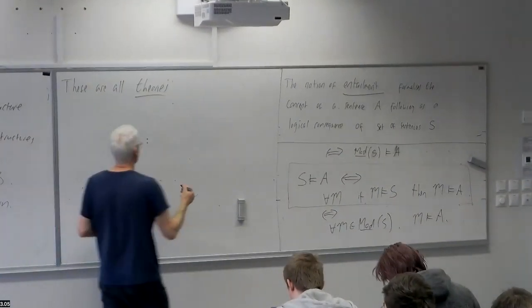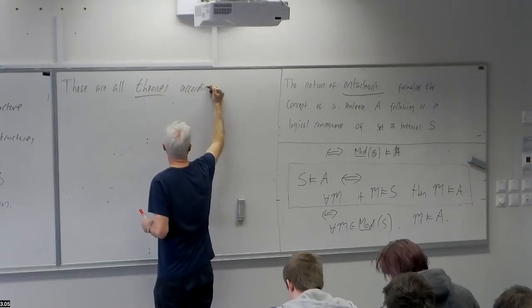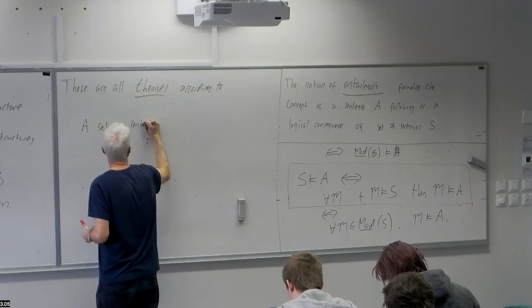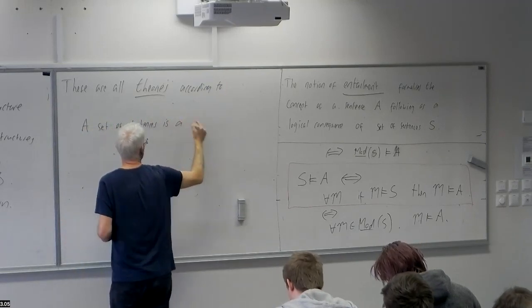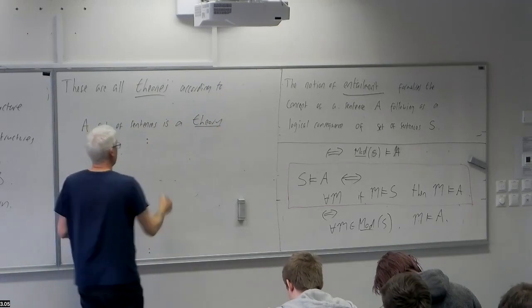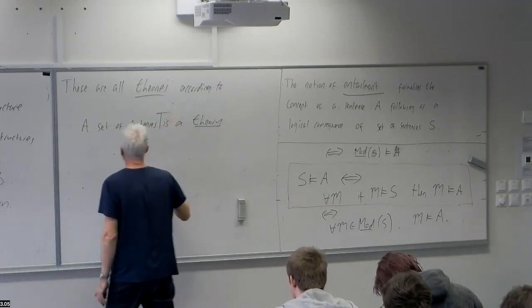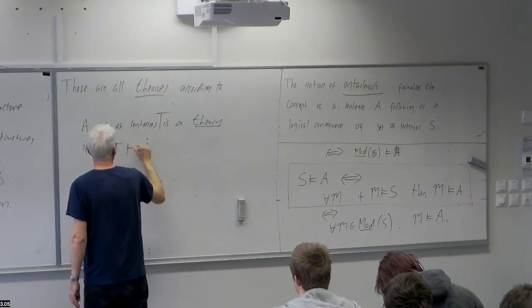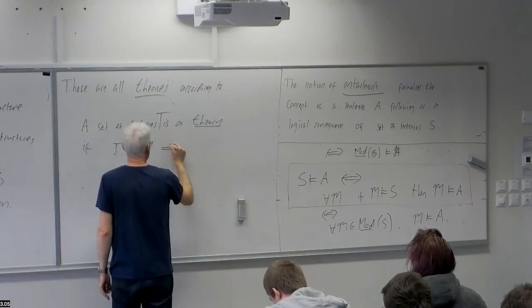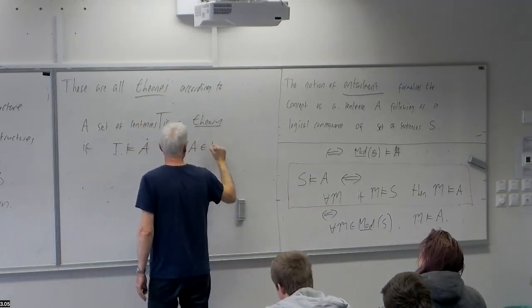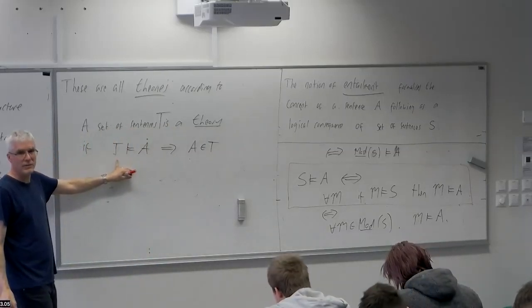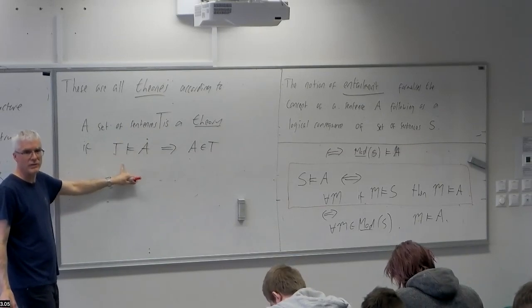So these are all theories according to the following definition. A set of sentences is a theory if it is closed under logical consequence. So a set of sentences T is a theory if whenever T entails A, then A is a sentence in T. So a set of sentences is called a theory if it contains every sentence that it entails, right?